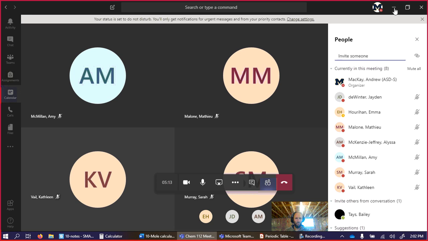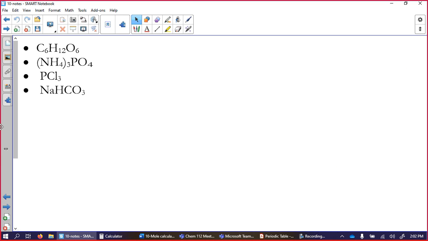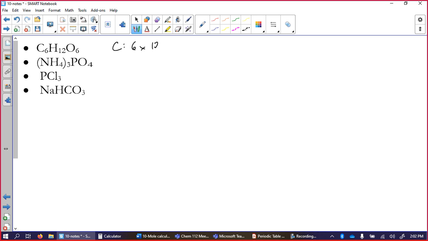I don't want to keep everybody too long, so I'm gonna start with these because they should be fairly straightforward, and then we'll move on to moles and mass and compounds. Glucose, 6 sugar, 6 carbon, 6 times 60.